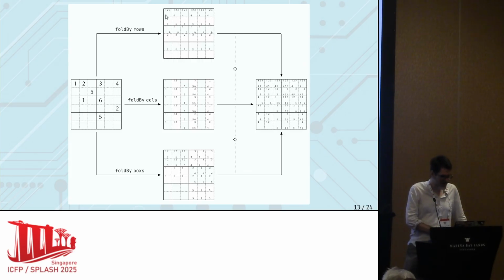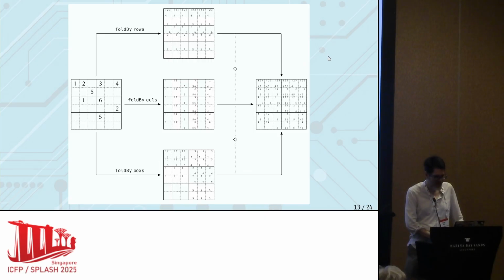So all of these cells, when you fold by rows, the mask that we compute from this, which is the one where the 1 bit is set, is going to be set everywhere. Because we first, and of course the 2, the 3, and the 4 as well. So when we combine these, we get 1, 2, 3, and 4. And then we smear it into the whole row. So now every cell in the row has the mask 1, 2, 3, 4. And the same happens for the columns, and the same happens for the boxes.